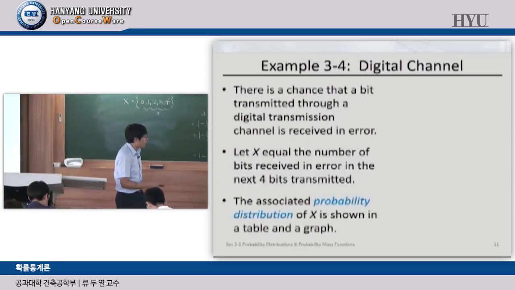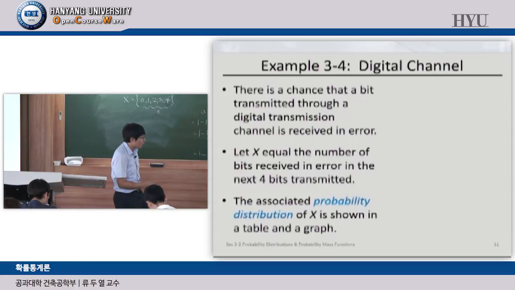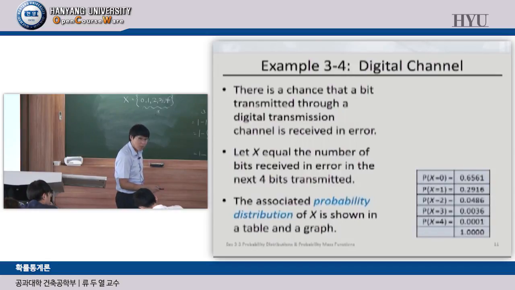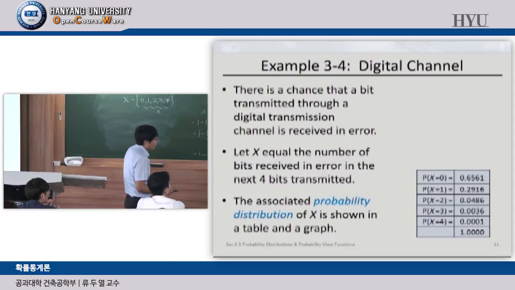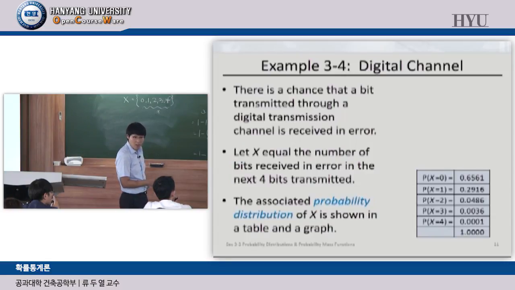And the associated probability distribution of x can be shown in a table and also a graph. And this is the table, okay? The left column indicates the possible cases. For example, the probability of x equal to 0 indicates the case of no bits received in error, okay? And the probability of x equal to 3 indicates the case that there are 3 bits received in error.